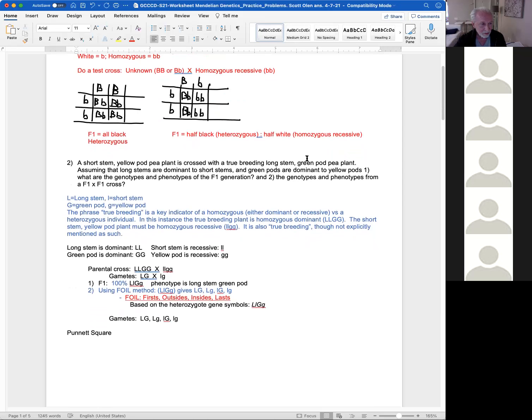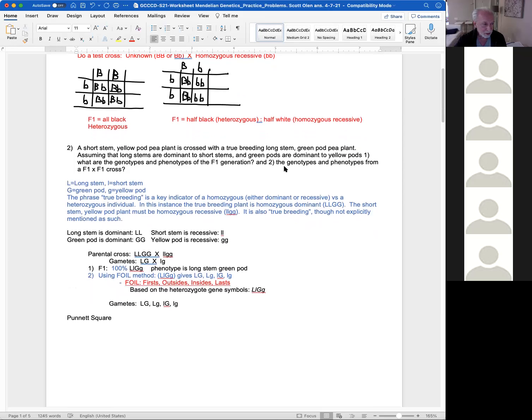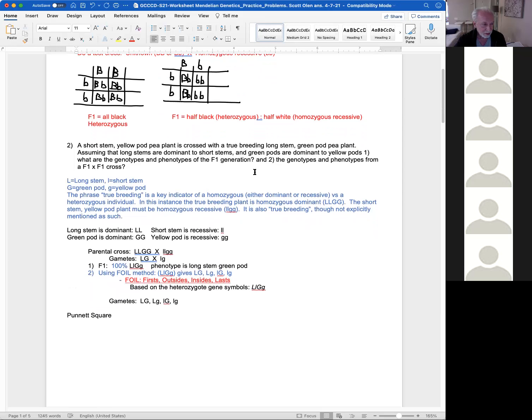Okay, I want to go then to the next question, which is important because it's a dihybrid cross. So let's read it. A short stem yellow pod pea plant is crossed with a true breeding long stem green pod pea plant.